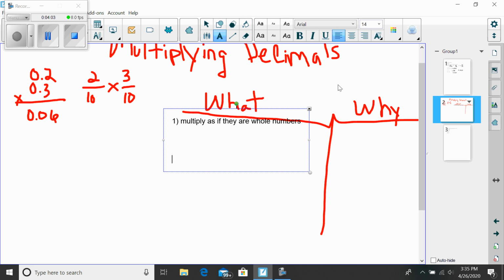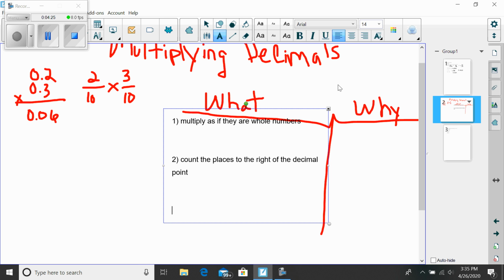Okay, then we say, count the places to the right of the decimal point. How was I supposed to know that I had to move 2 places over? All right, it looks like I would bring the decimal point straight down. Okay, so we teach kids count the places to the right of the decimal point. So there were 2 places to the right of the decimal point.